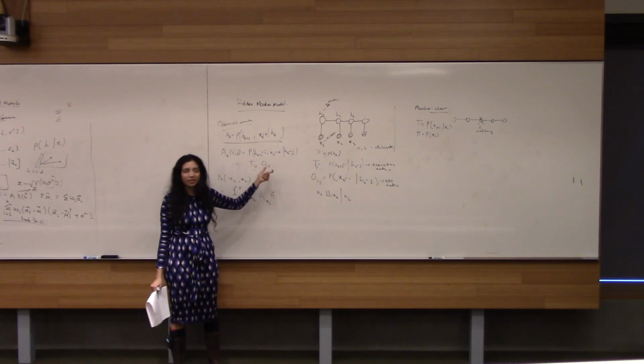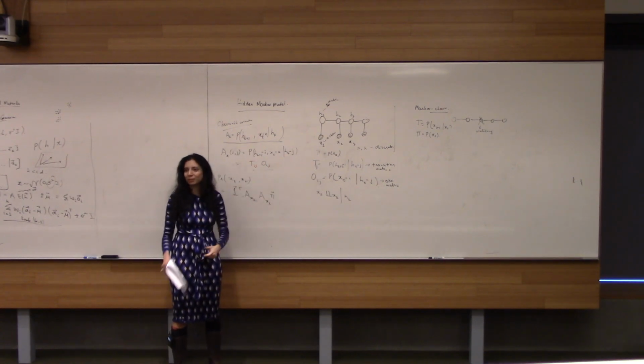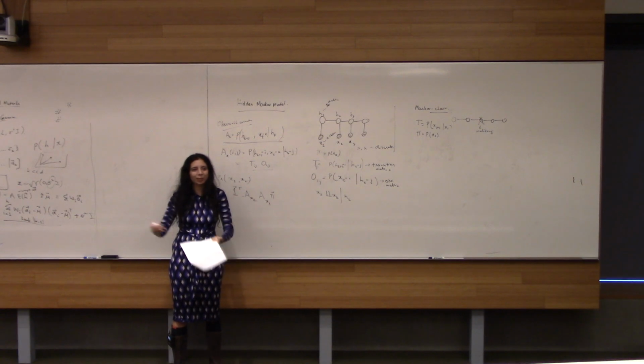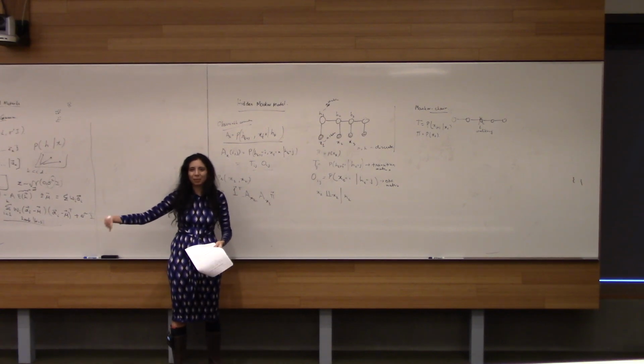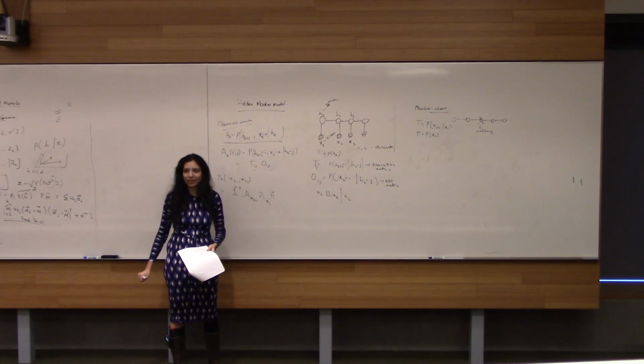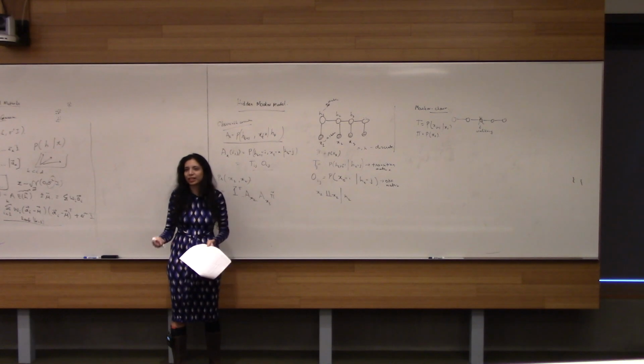There's a reason this came up in control, because in control, what do we care about? We care about controlling our observed states, whether it is position, velocity, and so on. I don't care what the hidden representation is. On the other hand, in genetics or other kinds of biological systems, I want to infer this hidden state because that tells me about the underlying mechanism.